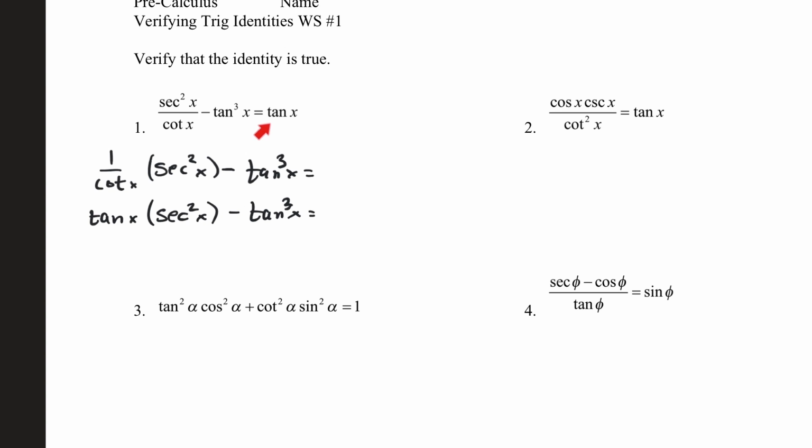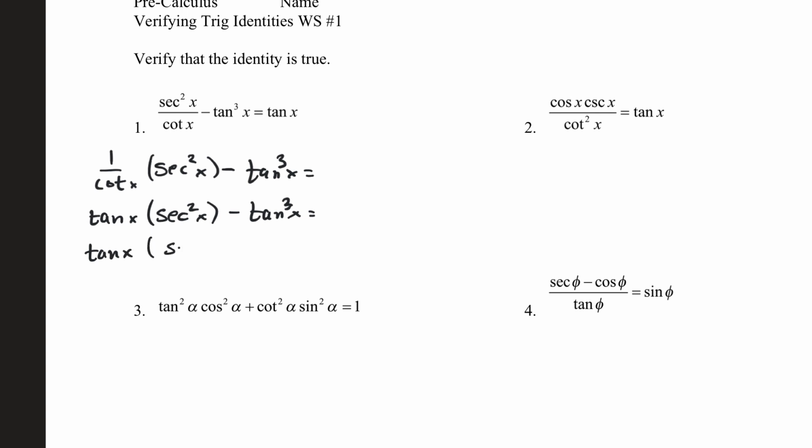I'm keeping in mind my destination. Here's tangent, and I need to leave the tangent by itself. So I have two terms, and I want to try to factor something out. I realize that this has a factor of tangent, and this also has a factor of tangent. That's three of them, actually. So I'm going to factor out the tangent of x.